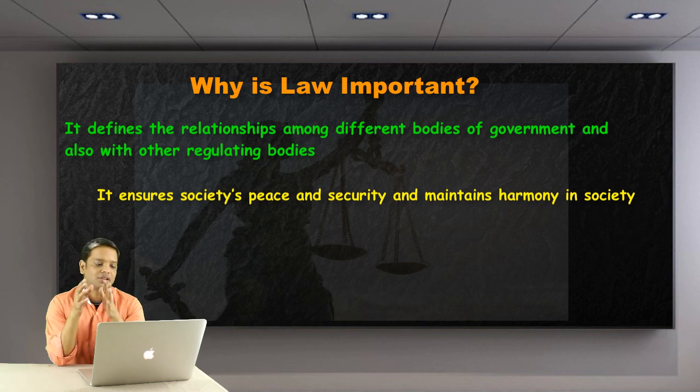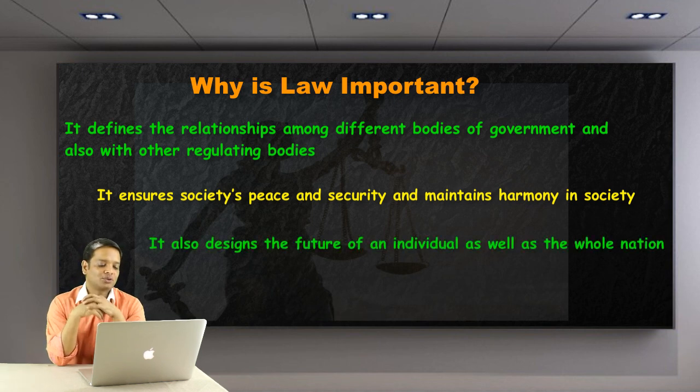Last but not the least, it also designs the future of an individual as well as the whole nation. What does that mean? Just recall the constitution again, that is the directive principles. See what instructions are given to the government under the heading of directive principles. In order to promote welfare in the society, in order to maintain peace and security in the society, in order to ensure no one is dying because of hunger even, there are instructions.